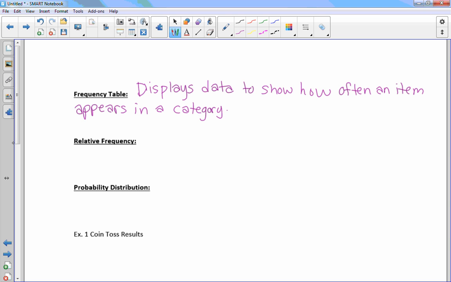So I did that experiment rolling this die 100 times. I have my category for non-multiples of 3 and my category for multiples of 3, and I just tally. Okay, that's a frequency table.